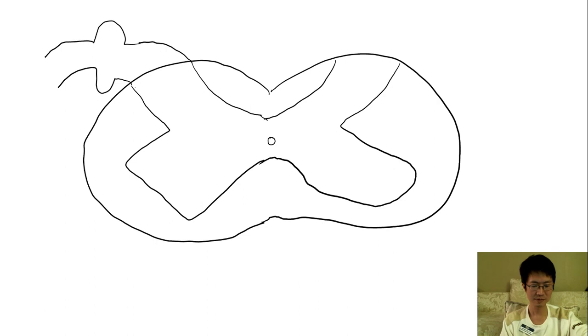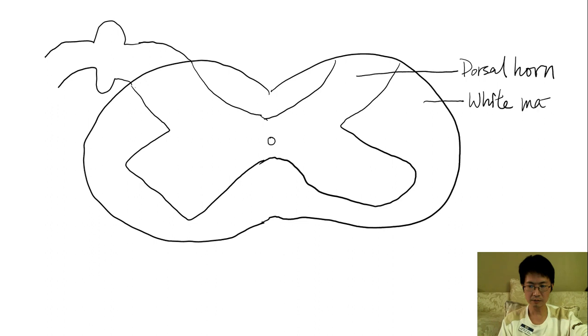Okay, let me label something first to help you with this. We call this dorsal horn. We call this white matter.